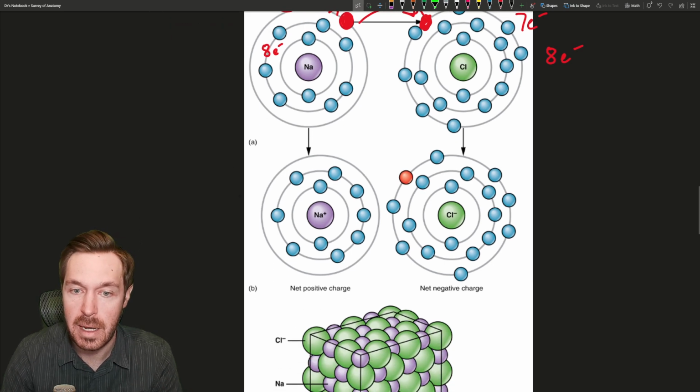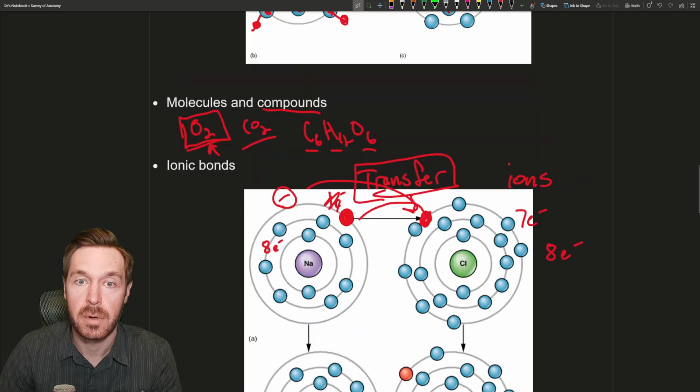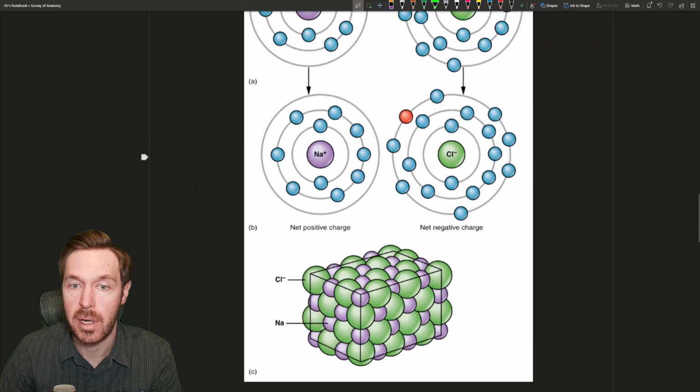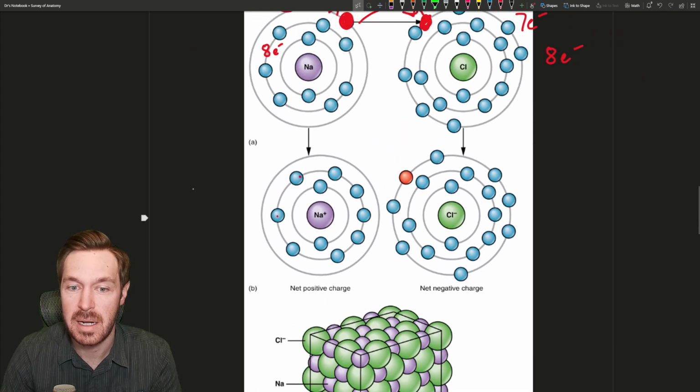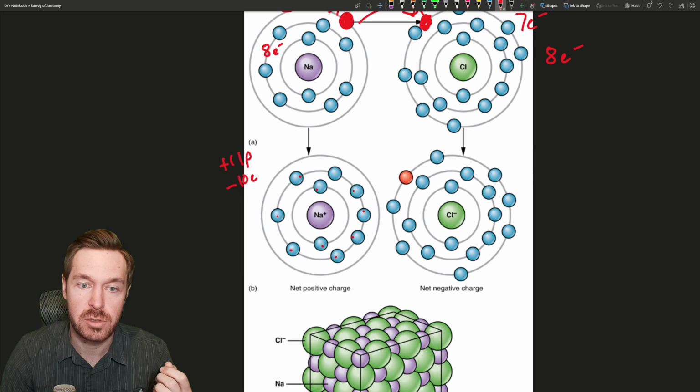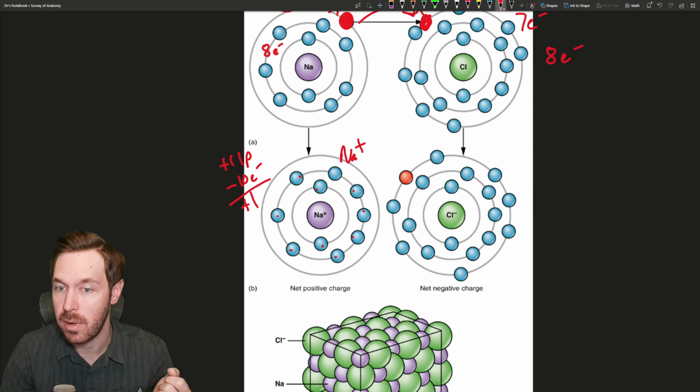Sodium has 11 protons, according to its atomic number. Now it has 10 electrons because it got rid of 1 electron. So if you have plus 11 protons and minus 10 electrons, now you have a charge of plus 1. So you see sodium written as Na+. And for chlorine, now it got a negative electron and it becomes Cl-, a charge of minus 1.